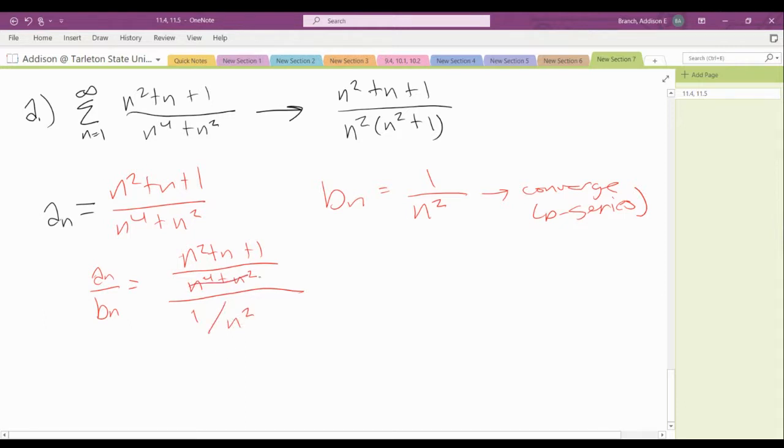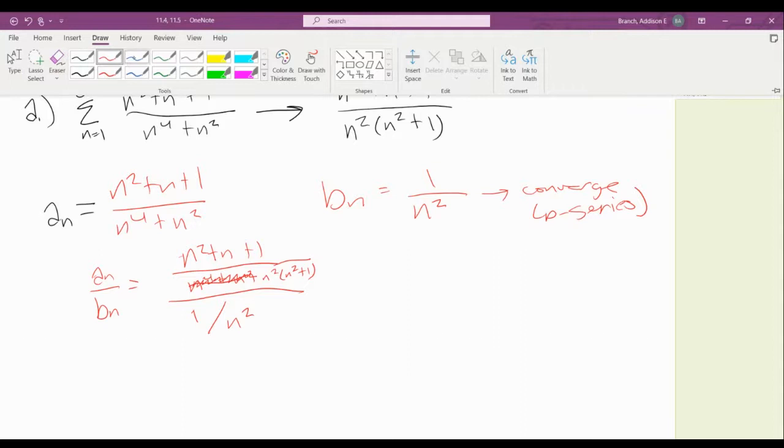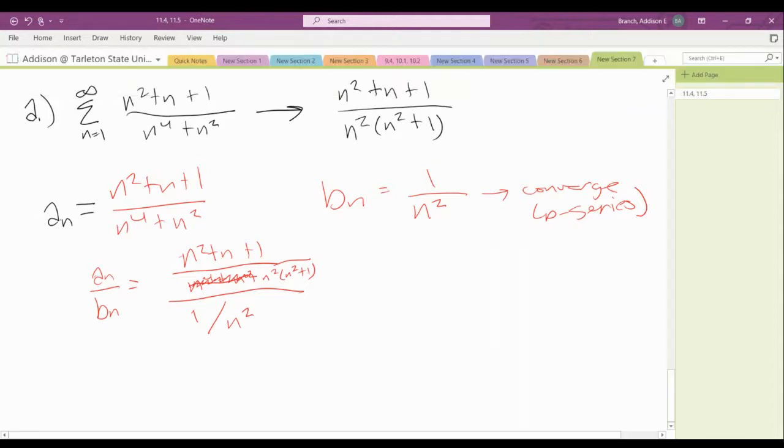Well, we said earlier that this denominator could actually be written as n squared times n squared plus 1. Well, we can go ahead and get rid of these 1 over n squareds and let those cancel out.